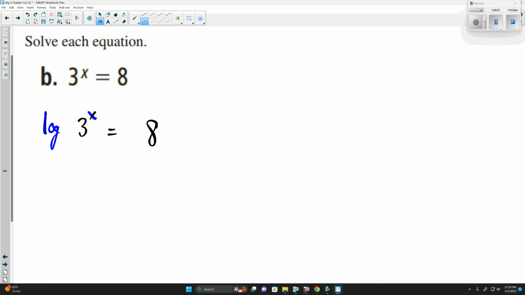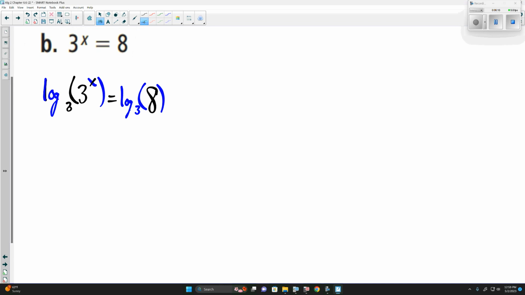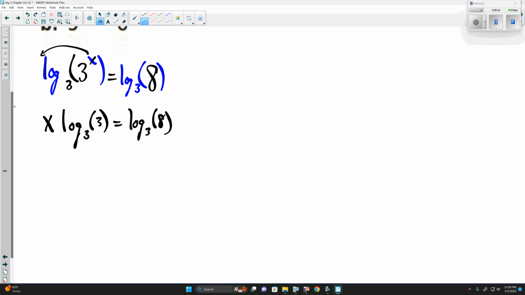Log base 3 to both sides. Because if I apply log base 3 to both sides, the x comes out front, telling us that we have x times log base 3 of 3 is equal to log base 3 of 8.